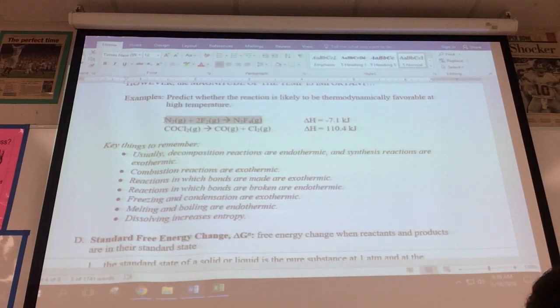How many moles of gaseous product do you have? 1. So the moles of gaseous product, which is 1, is less than the moles of gaseous reactant, which is 3, and so the reaction illustrates order. You want to indicate the moles of gaseous reactant versus moles of gaseous product.